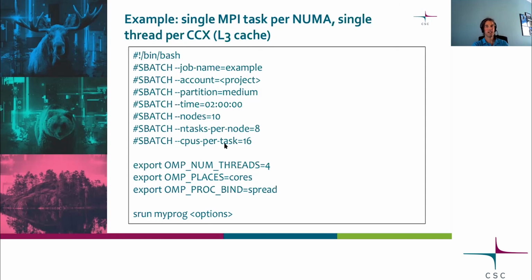Within these MPI tasks there are 4 core complexes, each with a single L3 cache within the NUMA domain, so we run 4 threads per MPI task, spread so that they are not sharing the L3 cache.